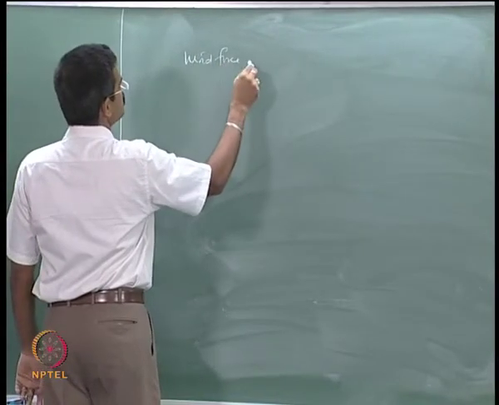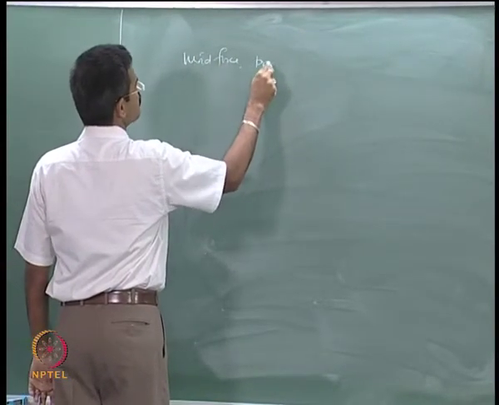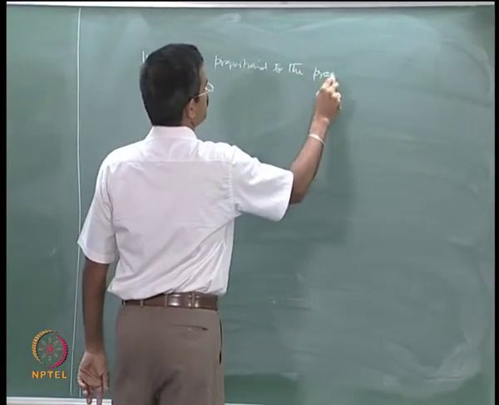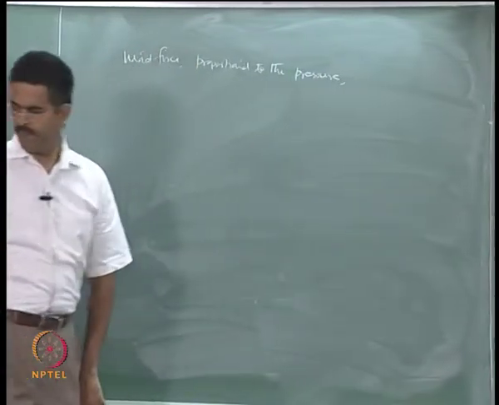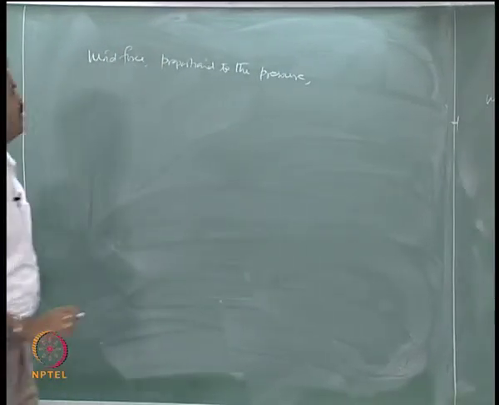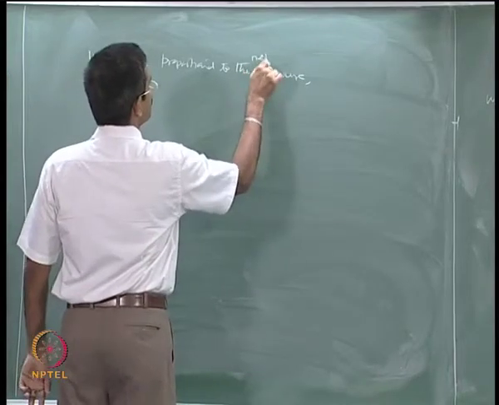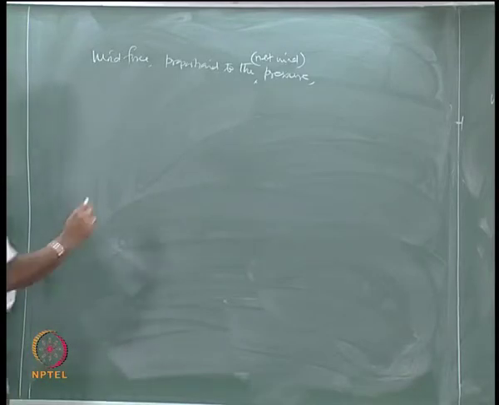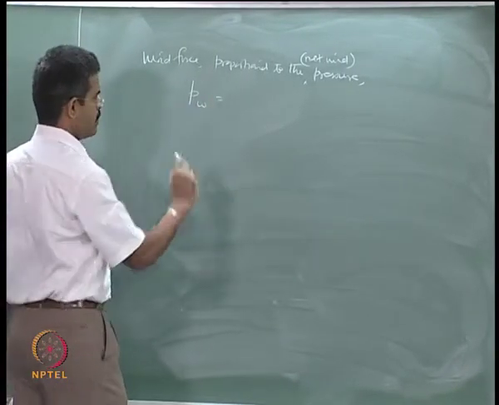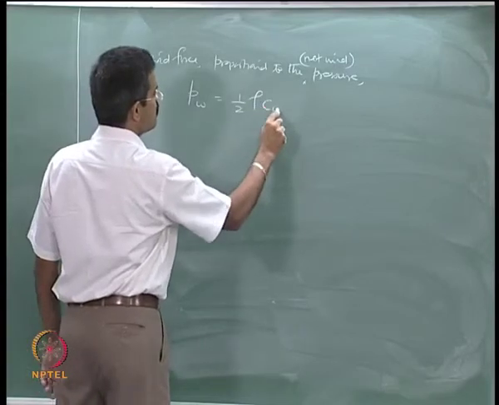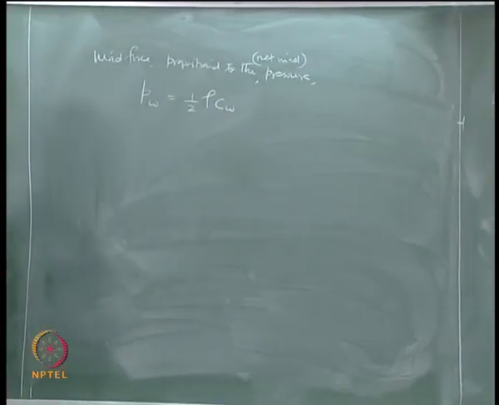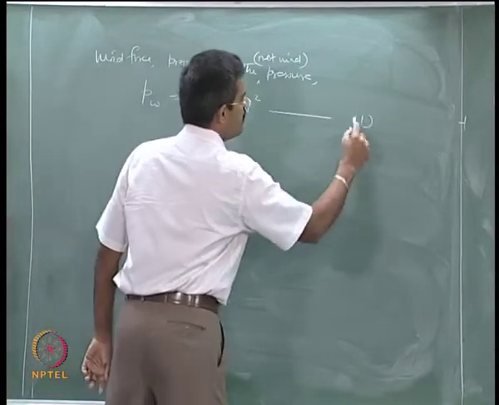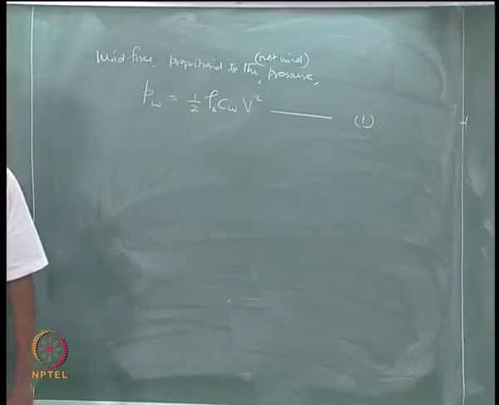Having understood this, as we all know, the wind force is proportional to the wind pressure. I should say the net wind pressure, which is given by half rho Cw V square. Equation number 1 in the wind forces.